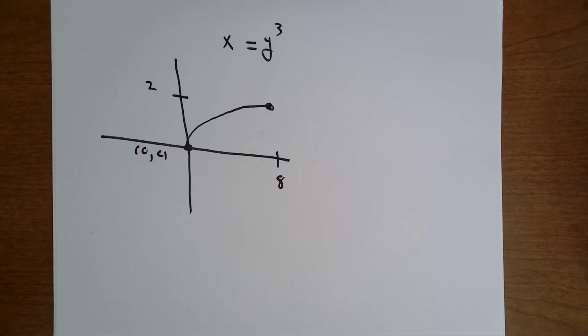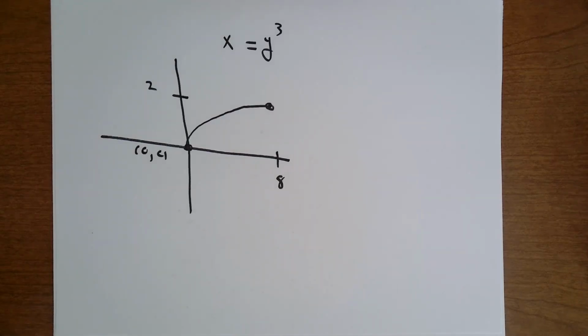The x would go from 0 to 8. I'd have to do the derivative of the cube root, square that, add 1 to that, do the square root, and then write down the integral from x equals 0 to x equals 8. In this particular case, you could do that, but you're making life much harder on yourself than you need to.